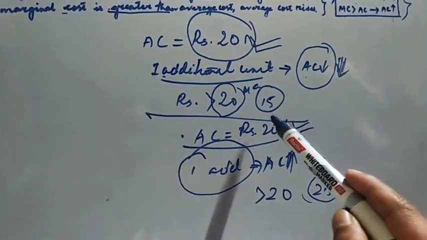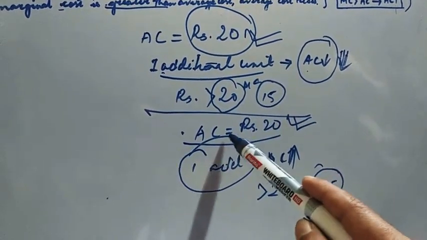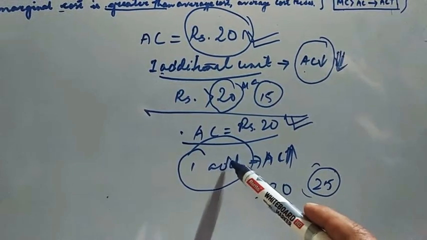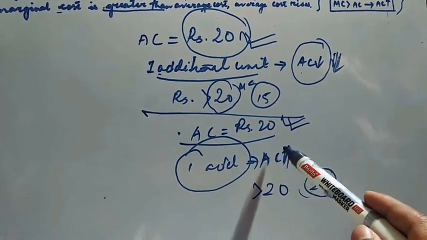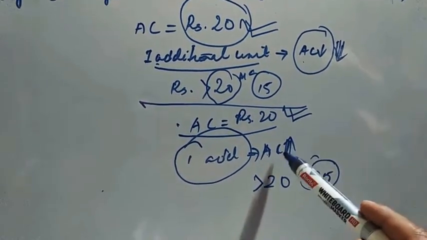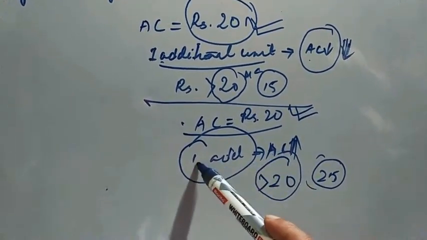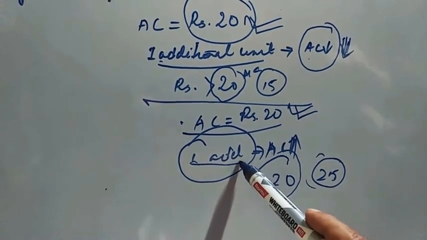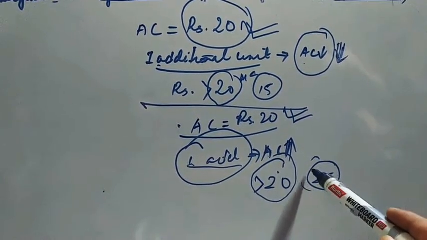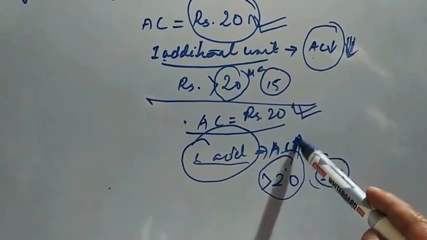And in the opposite case, when his average cost was rupees 20, and when an additional unit is produced, his average cost rises, which means that the marginal cost, or the additional cost which he incurred in producing one additional unit of product, is greater than 20, let us say rupees 25. That is why his average cost rises.